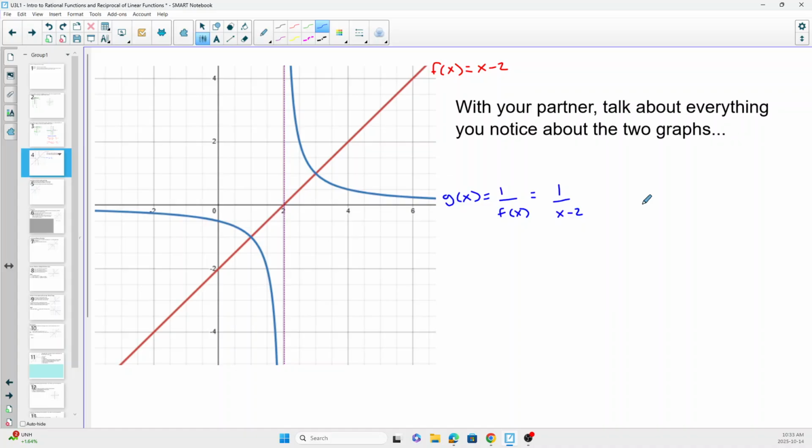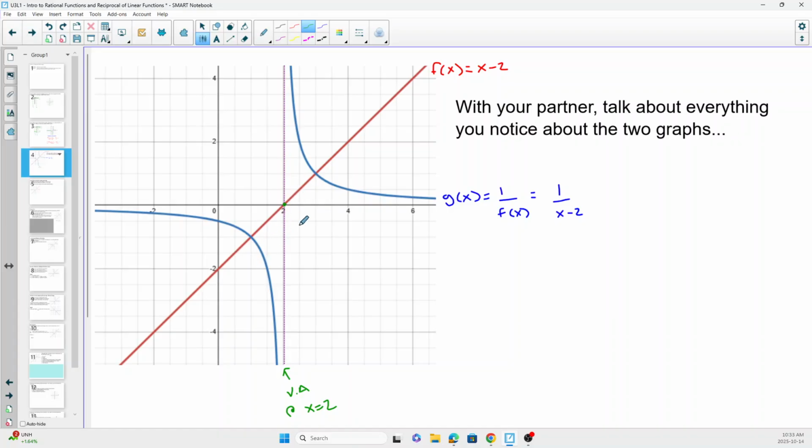Okay, so hopefully you took a minute and you took a look at the graphs. Some things you might have noticed is this obviously vertical asymptote, right? We'll call it a VA, vertical asymptote, and it's happening at x equals 2. And that also happens to be the x-intercept of the original function.